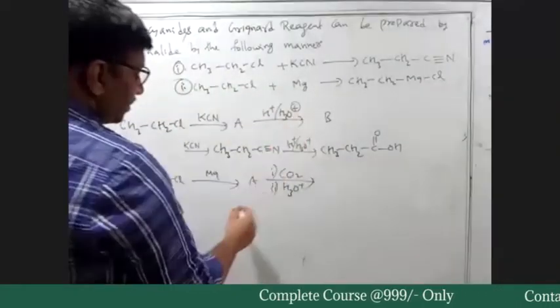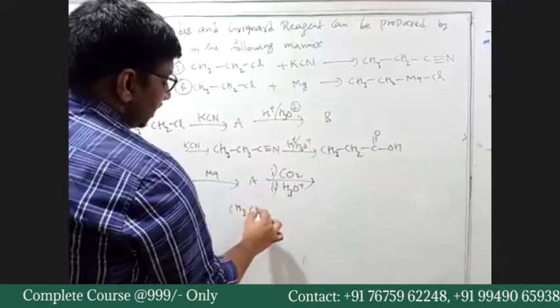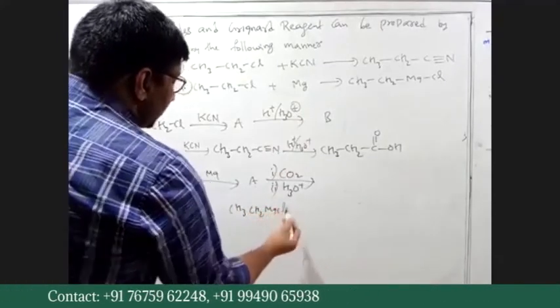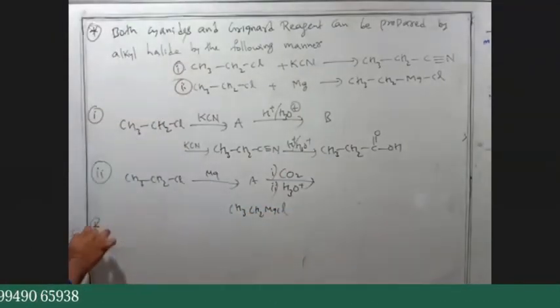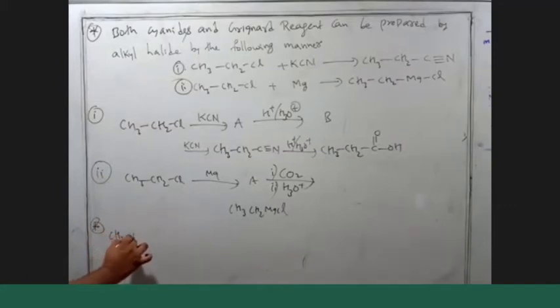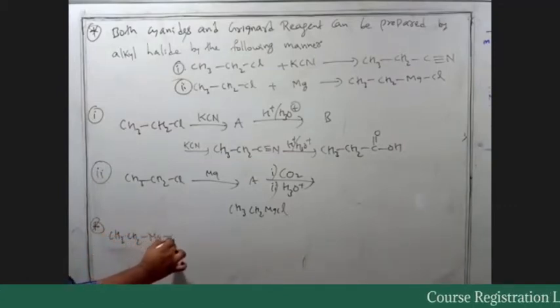So A is the compound CH3CH2MgCl. You can simply write the mechanism again.